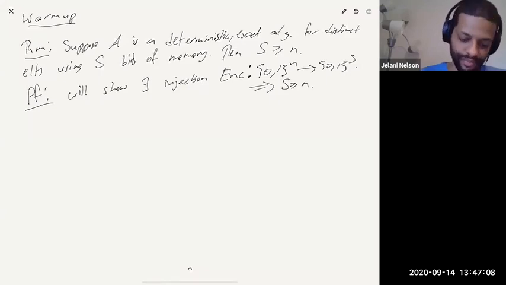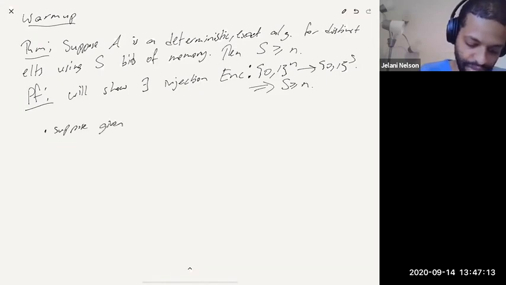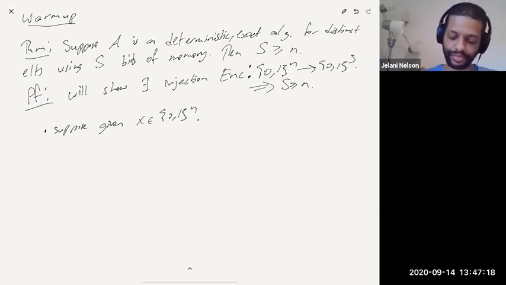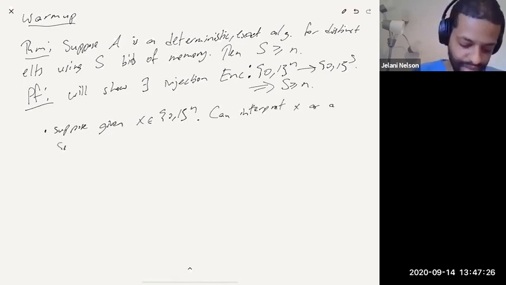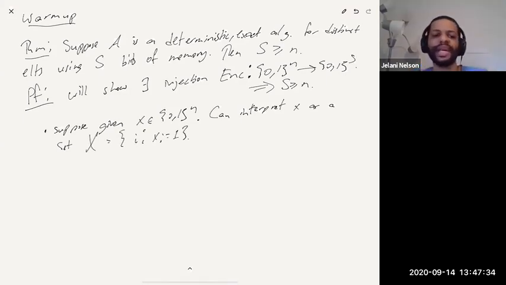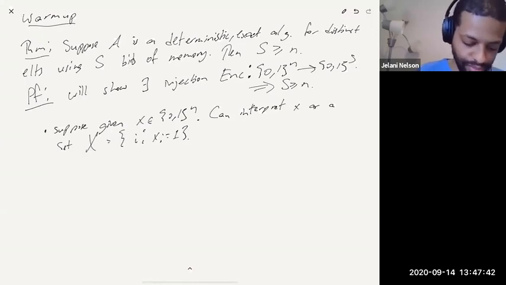So suppose we're given some x, which is in {0,1}^n. We can interpret x as a set, what I'll call, let's say, capital X, which is the set of all i's such that x_i is 1, right? That little x_i is 1. So capital X is the set, little x is like the indicator vector of the set that just tells you which things are in the set by putting a 1 there. Okay, so what is our encoding going to do?